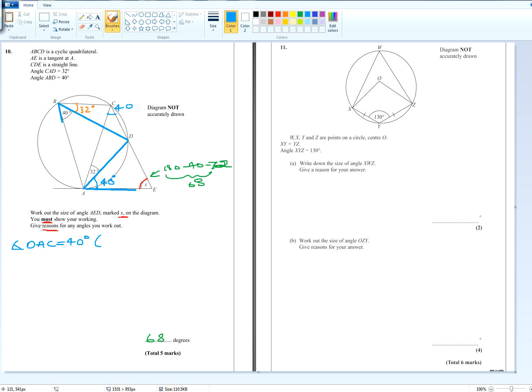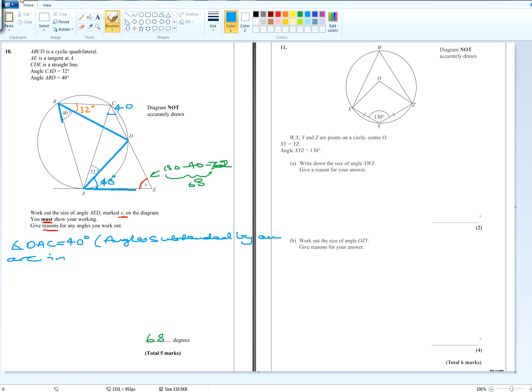The reason is angles subtended by an arc in the same segment of a circle are the same. Okay, isn't it supposed to be in the opposite segment? Yeah. Right.